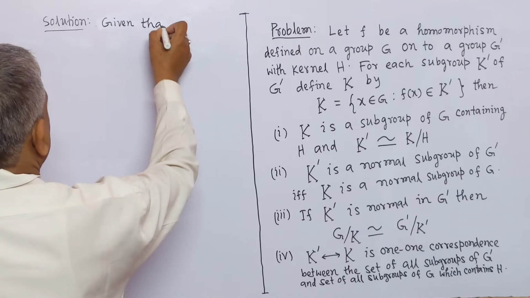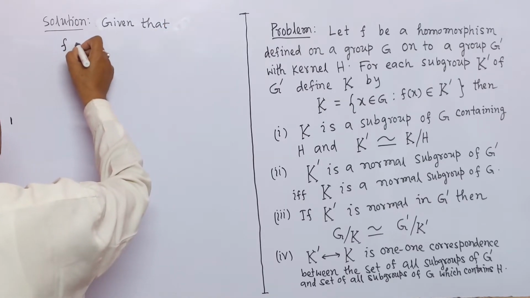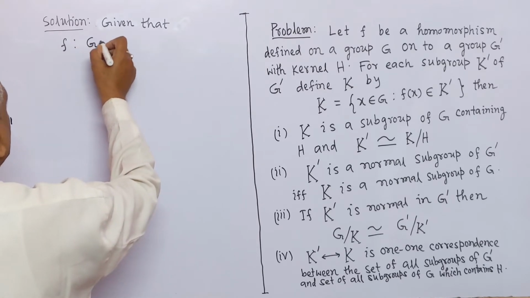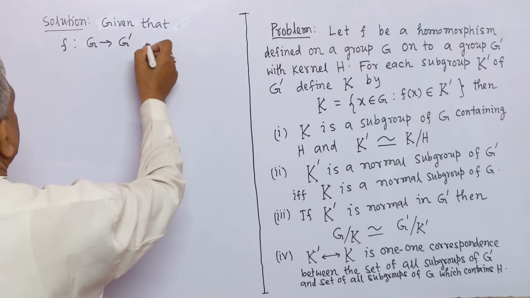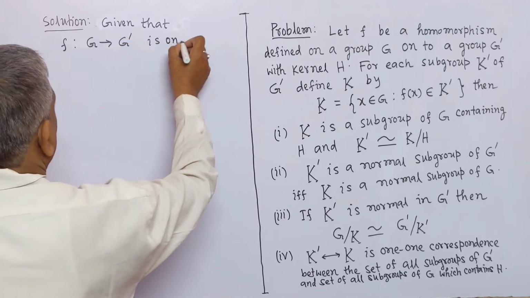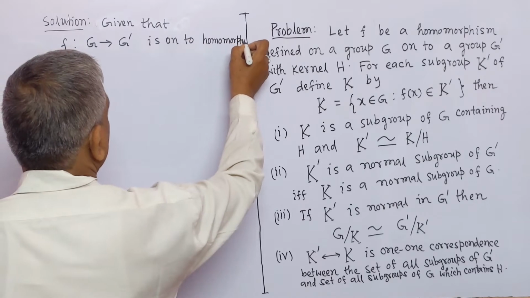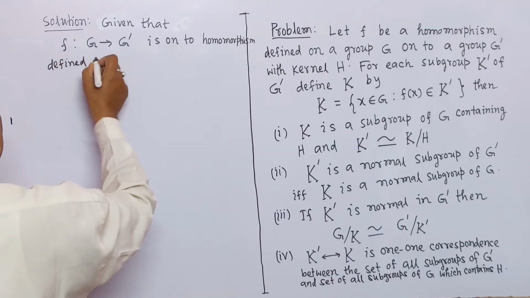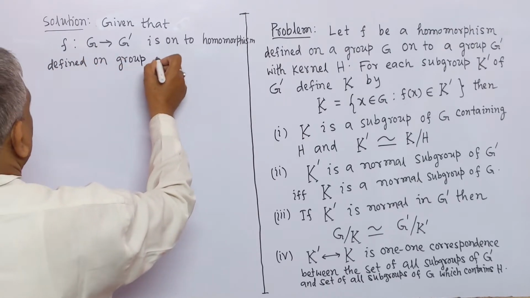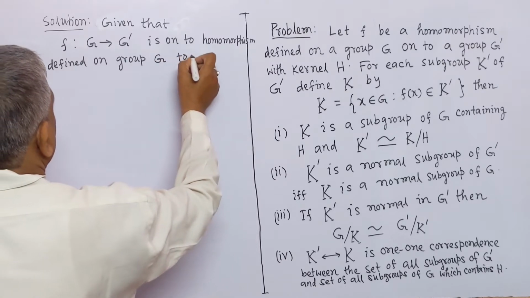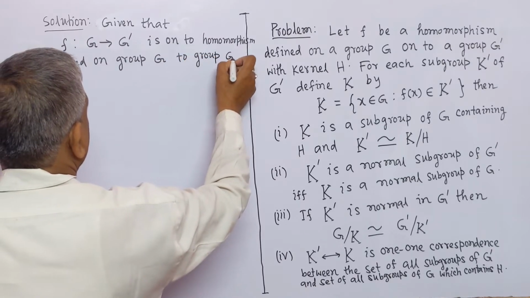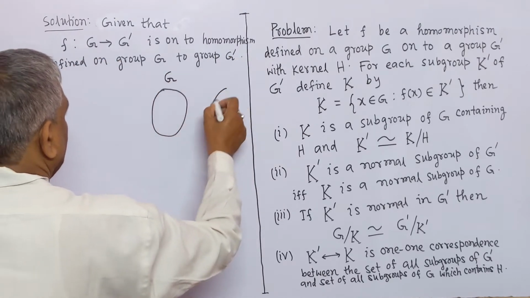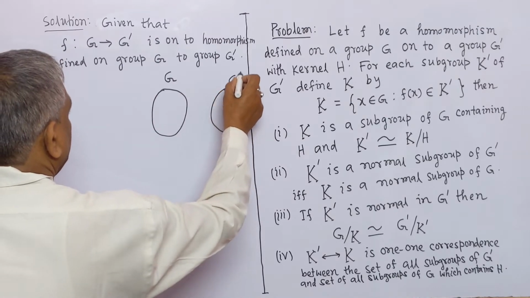Given that F is an onto homomorphism defined on group G to group G prime. Let this be group G and this be group G prime.